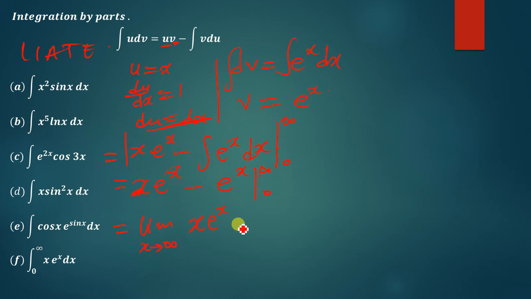Let me just write it this way: minus e to the power x, and then minus, we now plug in 0, we put the lower limit. If we put 0 there, the whole part here will become a 0.